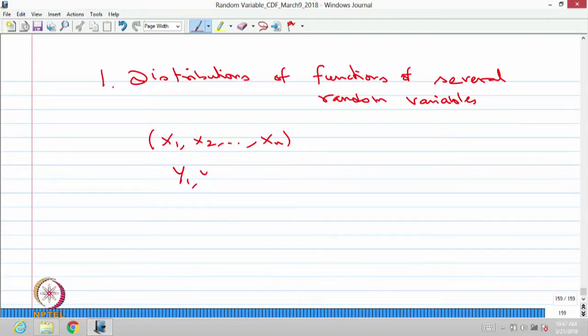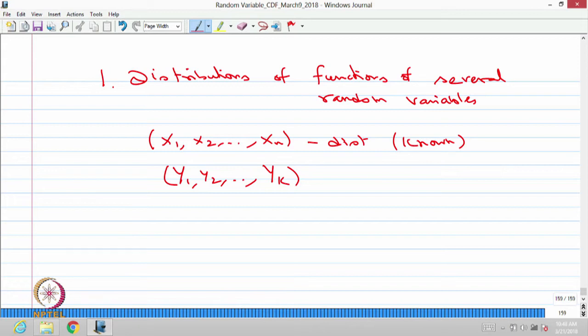The new set of random variables, I say y1, y2, yk. That means the new set need not be the same size as the earlier set of random variables. So, we know the distribution of this random variable, that is known. We are going to find out what is the distribution of y1, y2, yk when we know the distribution of x1, x2, xn.